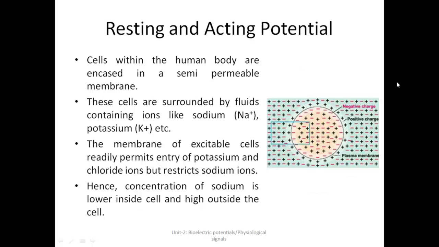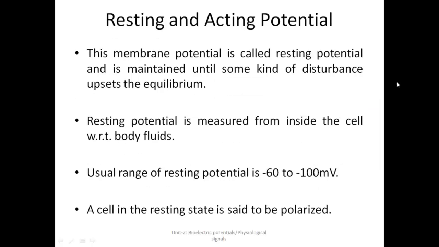We can see from this figure that due to the semi-permeable nature of the cell membrane and the variable and restricted movement of the various ions, ultimately when equilibrium is maintained, there is a positive charge at the outer circumference of the membrane and a negative charge at the inner circumference. This potential difference is called a resting potential.